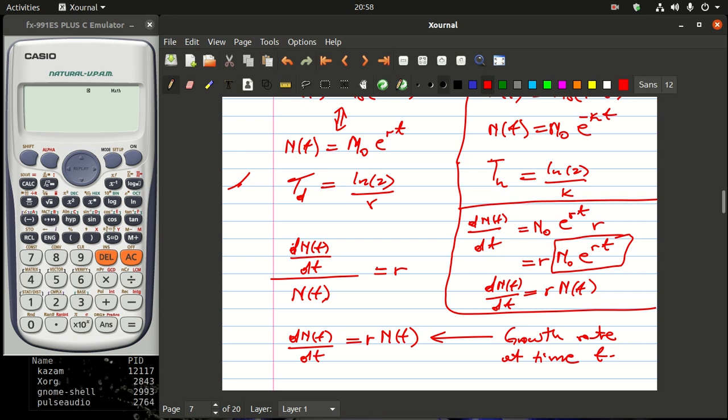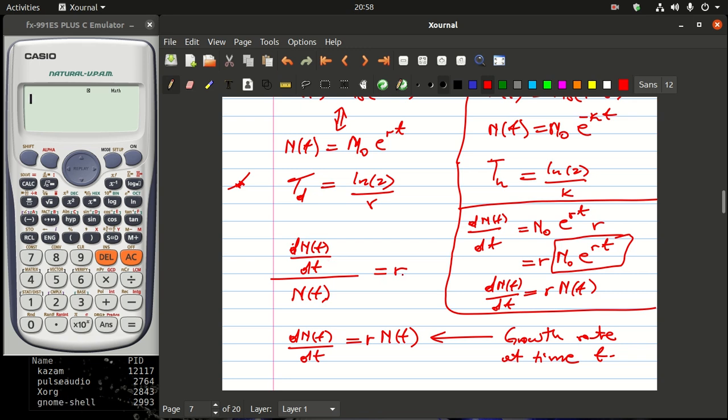But for those who haven't yet done the derivative, this is how we actually look at it. We look at the change of this particular function between two points that are very close, and you divide by this fraction. It's supposed to be some constant, and that constant is going to be r. It's the growth constant, because this function is growing.